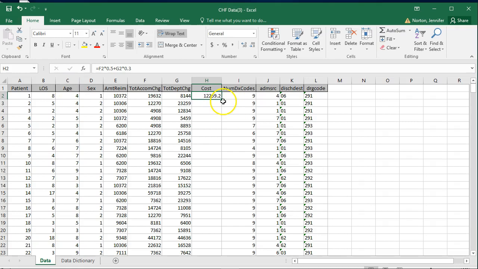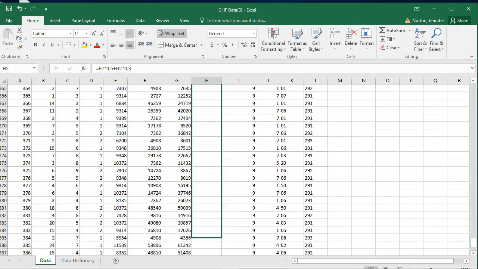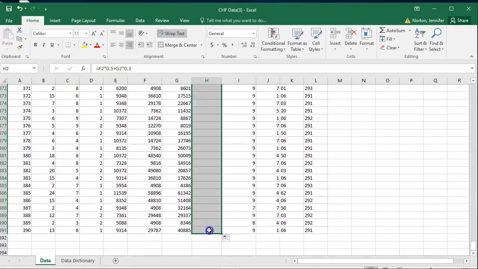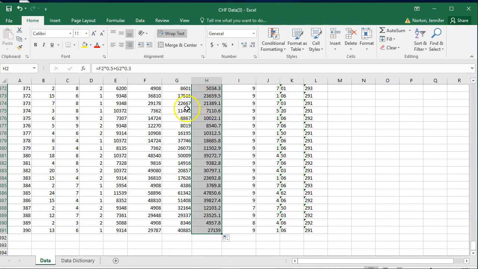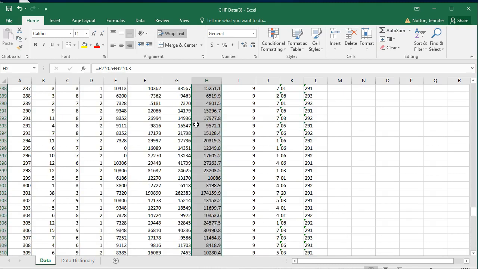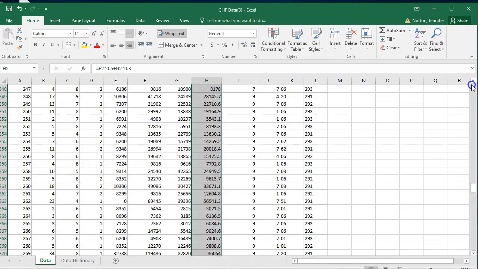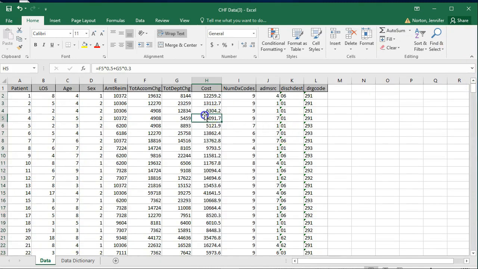So what we want to do now is copy that formula all the way through our data set. And that way we have total cost for all of our patients in our data set.